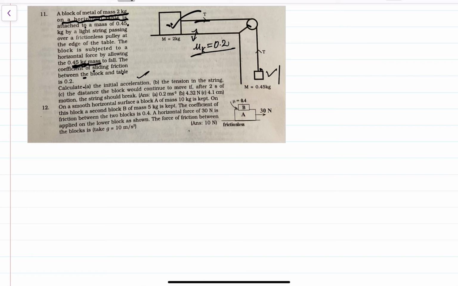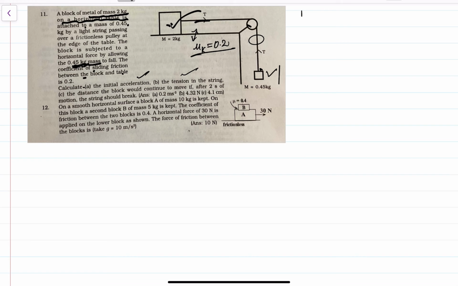What is the acceleration in this case? The tension in the string. What is the tension in the string? The distance the block would continue to move if after 2 seconds of the motion the string should break. If the string breaks after 2 seconds, what is the distance traveled by the block? We should find out these things here.